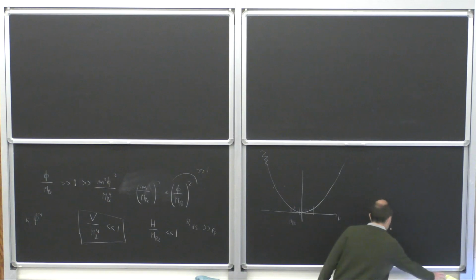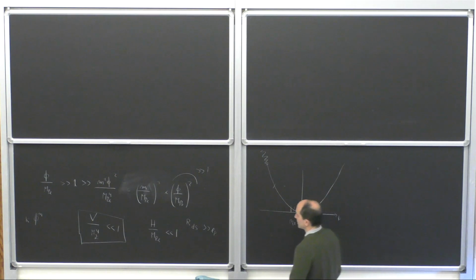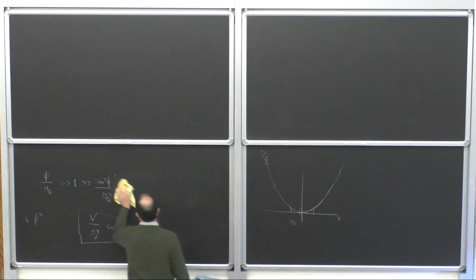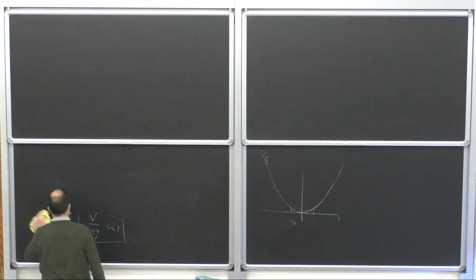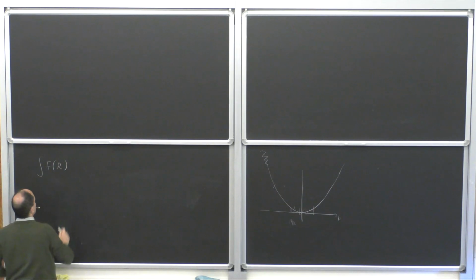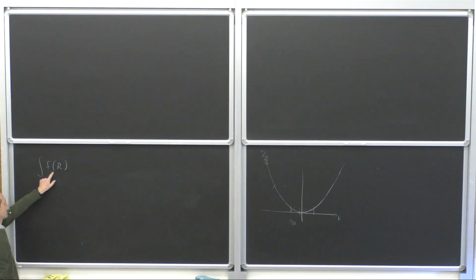Then there was another question related to f of R gravity. So people sometimes discuss f of R gravity, a theory whose Lagrangian is a function of the scalar curvature, or Ricci scalar.